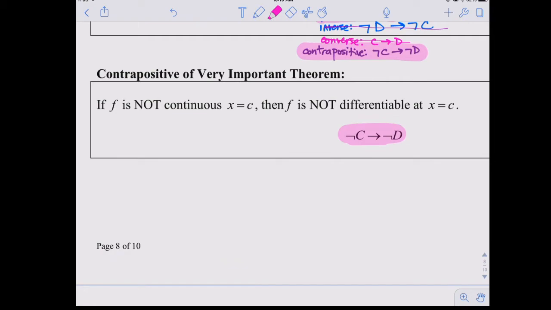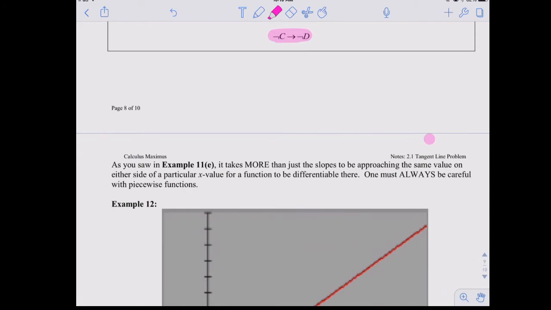If you know a function is not continuous at a point, because either there's a hole there, or a jump there, or what are some other discontinuities? A hole, a jump, a vertical asymptote, or the other one that we don't see that often, an oscillation discontinuity, then the function is not going to be differentiable there. That's a whole new class or category of places where the derivative will fail to exist. If it's not continuous, it's not differentiable.